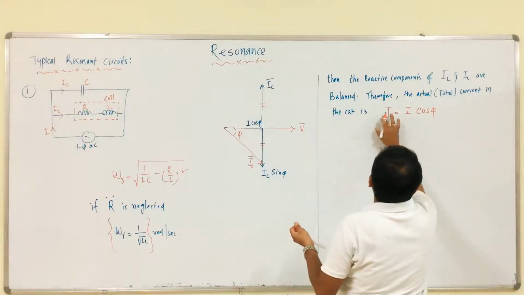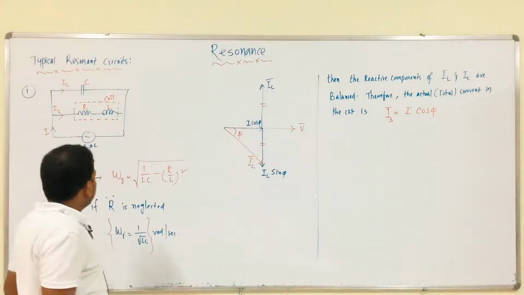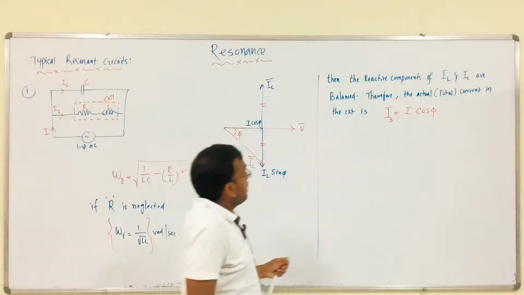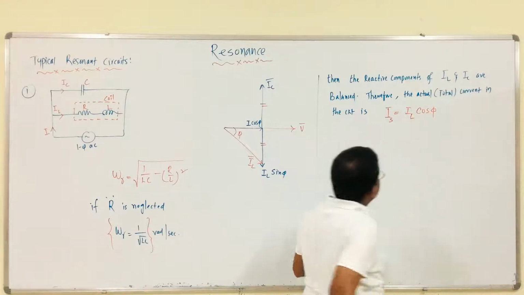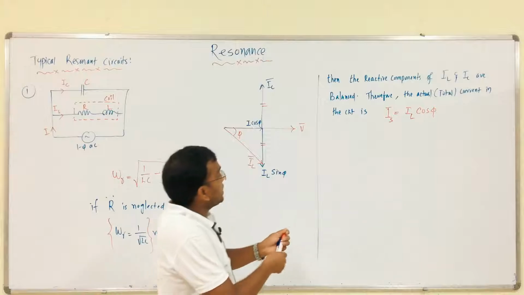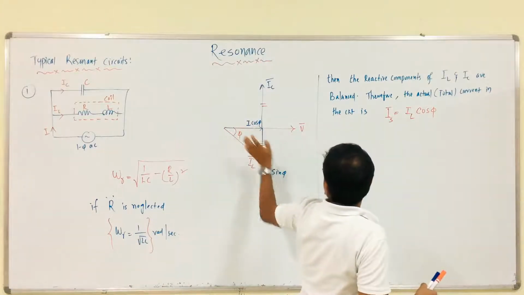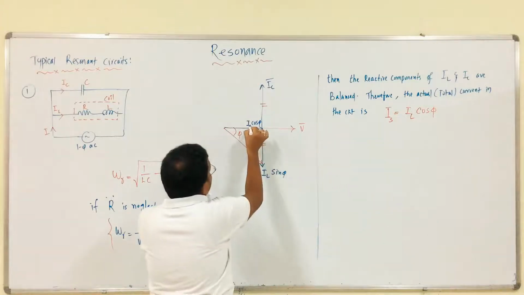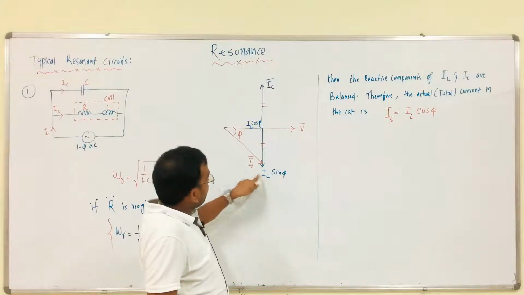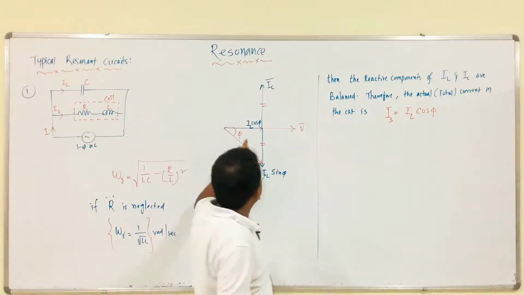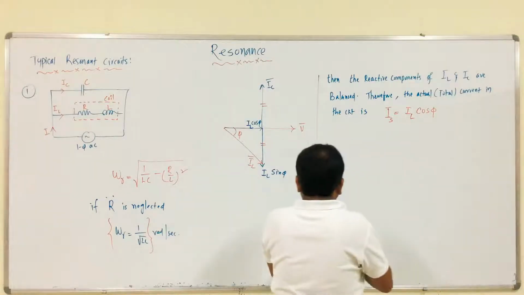This is, for example, the total current Is, then this is I_L, because this is the horizontal component of this coil, right? Total current Is equals I_L cos φ, I_L sin φ, then the resultant is I_L. Clear.